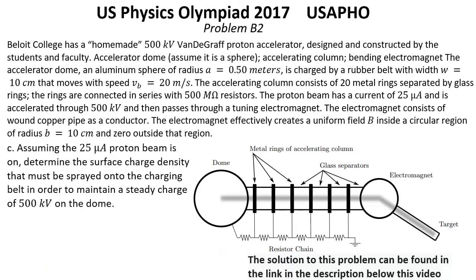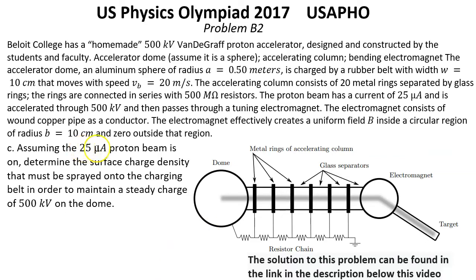Question C. Assuming the 25 microampere proton beam is on, determine the surface charge density that must be sprayed onto the charging belt in order to maintain a steady charge of 500 kV on the dome. Solution for question C. There are two main ways to discharge this sphere.